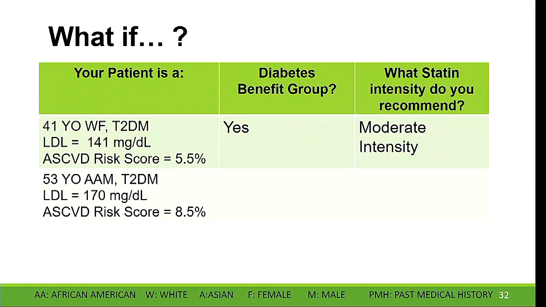Yeah, so the LDL cutoff is 70 to 189. And so this patient fits the group because they're between the ages of 40 and 75. They have an LDL of 70 to 189. They don't have any clinical ASCVD in the past. So they meet the group. So for this next patient, 53-year-old, like I said, what level statin would you give them?